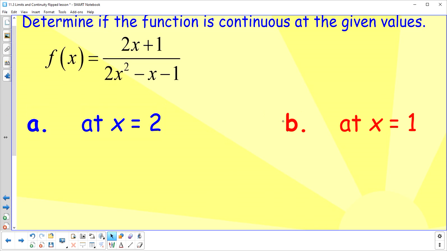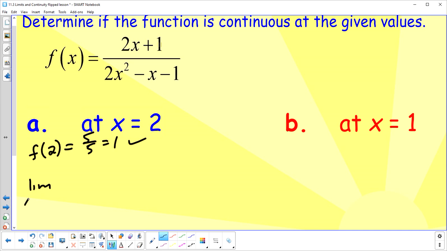So an example would be like we have here, a rational function. We're going to look at it at two different values. So at x equals 2, first of all, what we want to do is say, okay, does f of 2 exist? So if I were to plug in 2 in that function, I would actually get 5 over 5, which equals 1. So the first part, we're good. That exists. The second piece, I'm going to look at my limit as x approaches 2 of f of x.